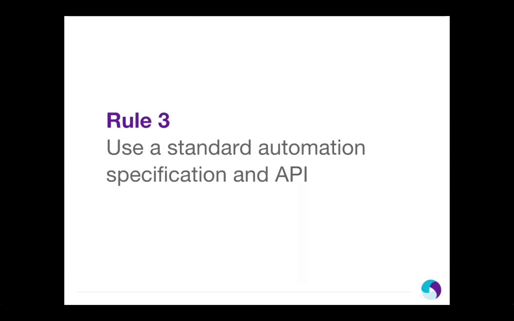Use a standard automation specification and API. We've been through standards wars in many different testing arenas in the past, notably web testing. And I don't think there's any reason to go through that again.